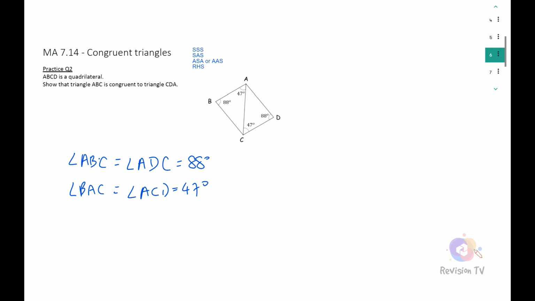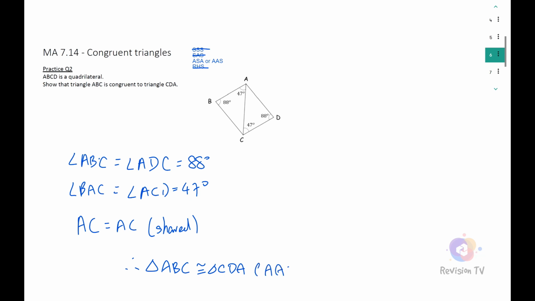So now we need one more length because we've got two angles, so definitely ASA or AAS. We need one more length. Well, we can see AC is shared, so AC equals AC, shared. So therefore, triangle ABC is congruent to triangle CDA, reason AAS.